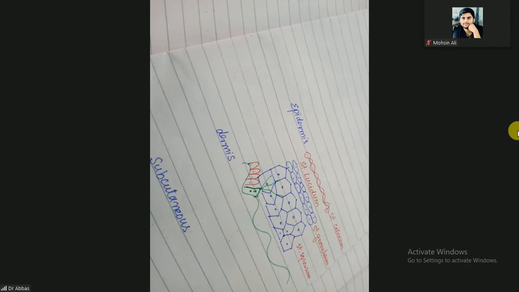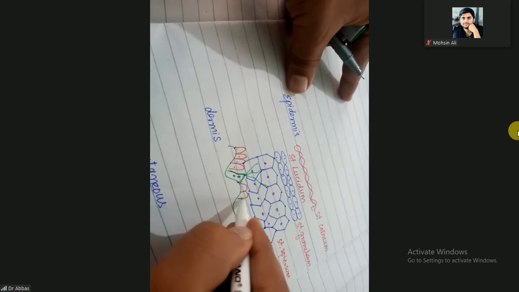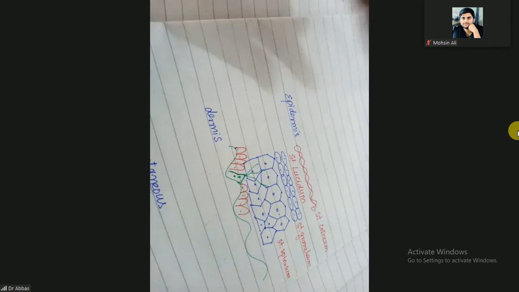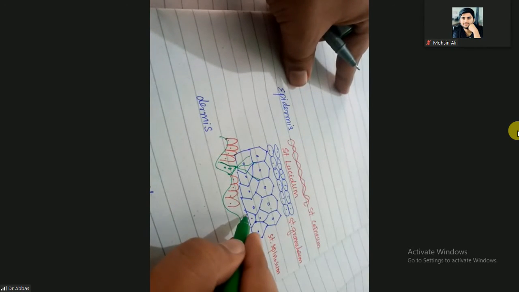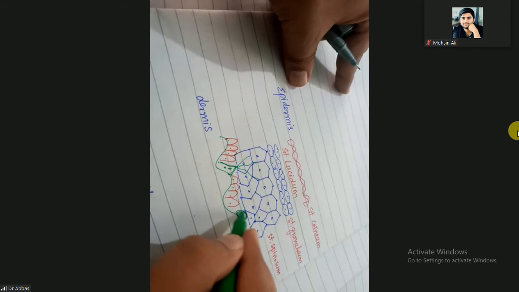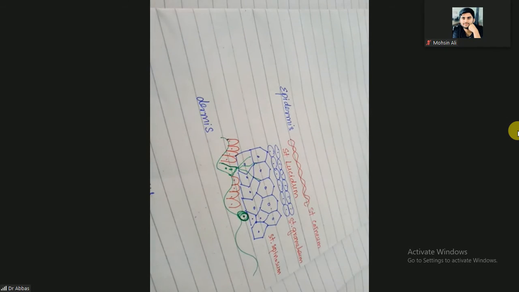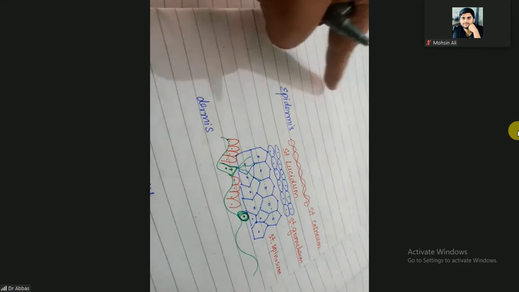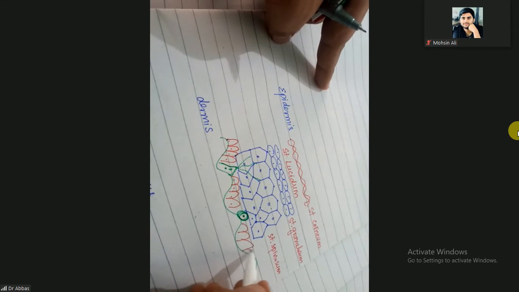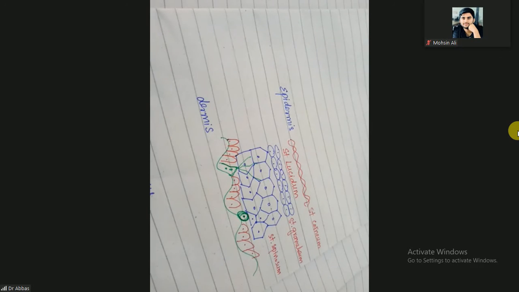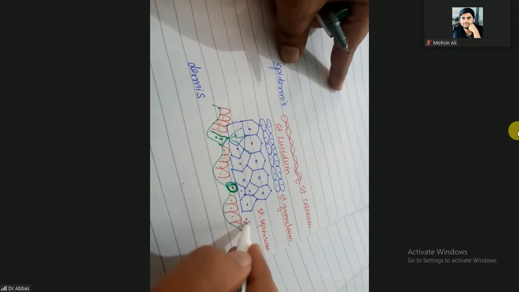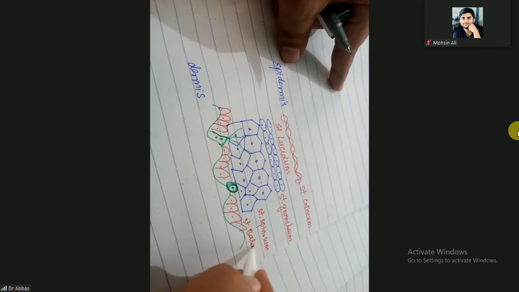Again columnar cells. And next is the other cell present here, and next other columnar cells, and so on. So this is the epidermis. This one layer is the stratum basale.